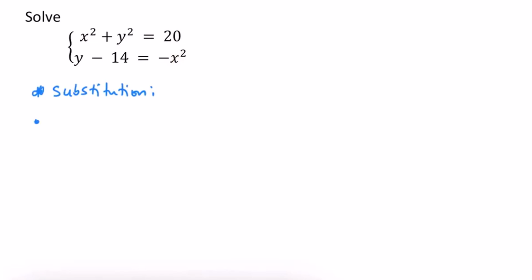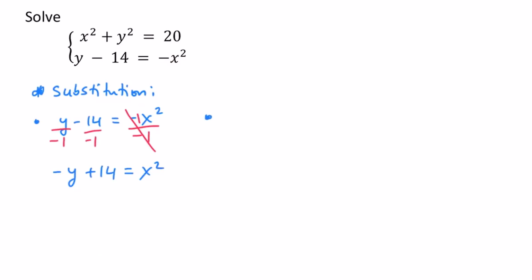So let's pick y minus 14 is equal to negative x squared and solve for x squared. So this is negative 1 x squared, divide out the negative 1. So we have negative y plus 14 is equal to x squared.